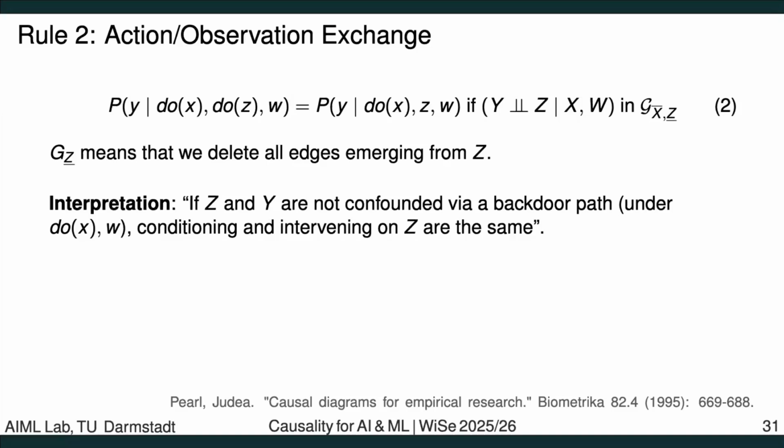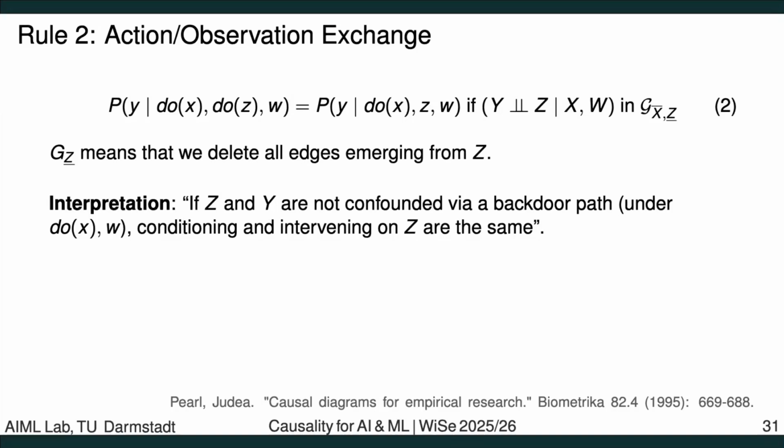So the cutting edges into set, that is basically again from this do X here, and this expression tells us that we can only apply this criterion if there are no vector paths that go basically via set, because otherwise it would make a difference if we cut the parents or not. And if it doesn't make a difference, then we can exchange it.